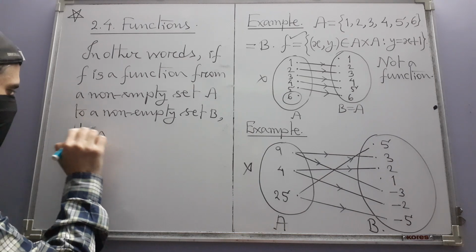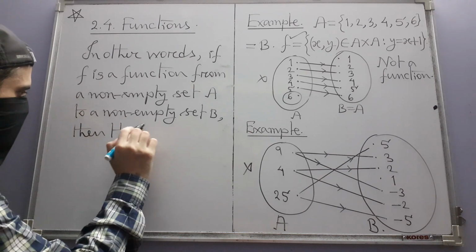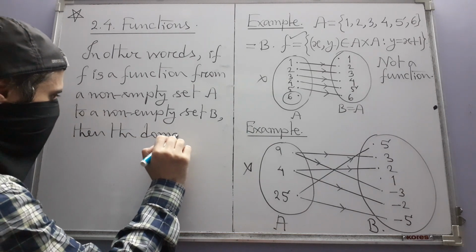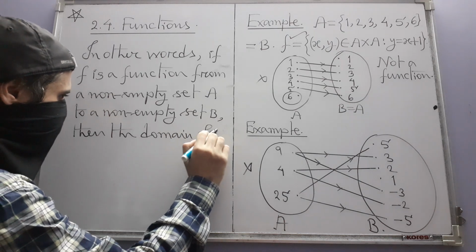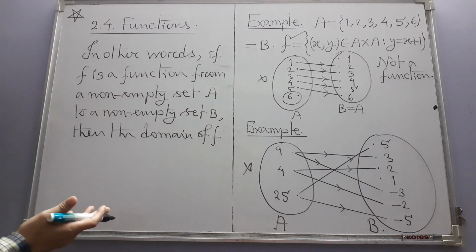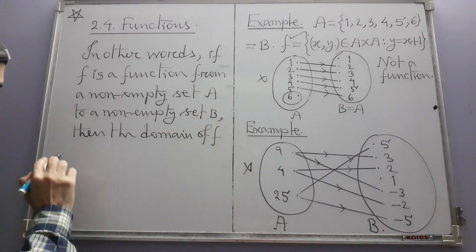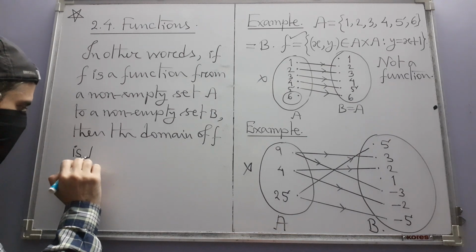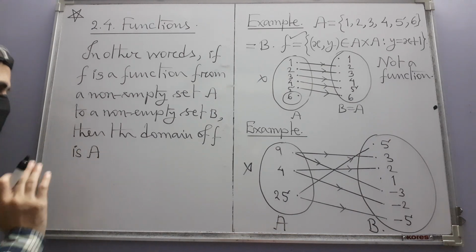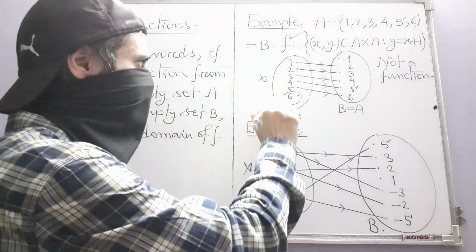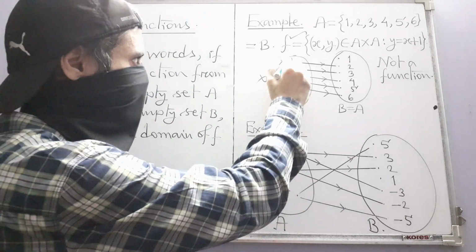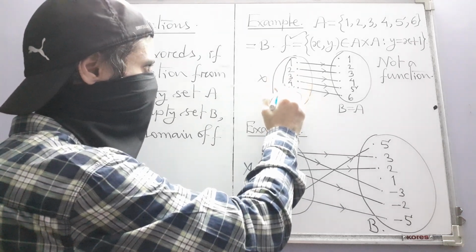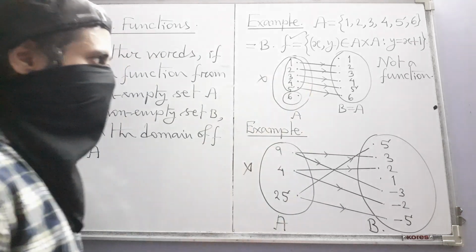then the domain of f as a relation, f will have a domain, is A. The domain needs to be A because what is the domain here? Here the domain is A from which 6 has been removed.